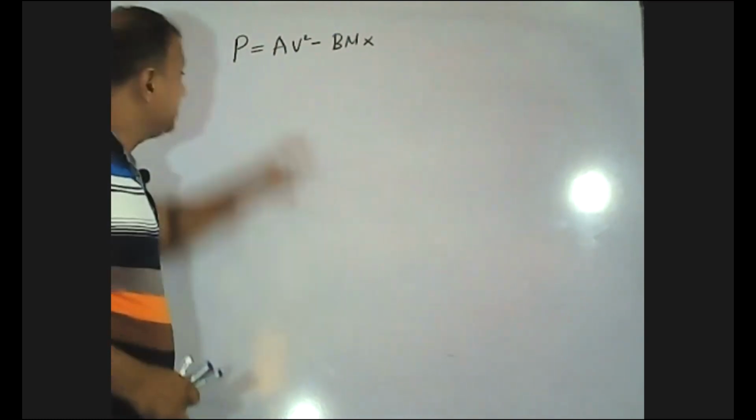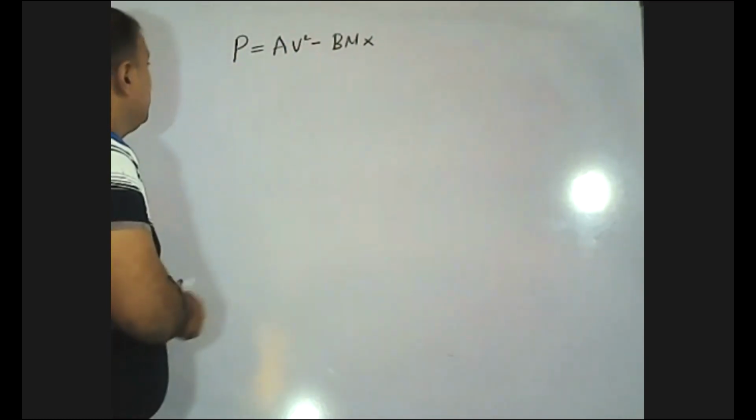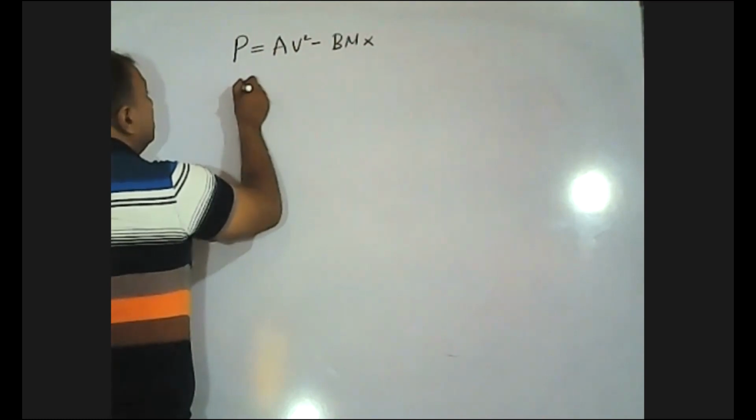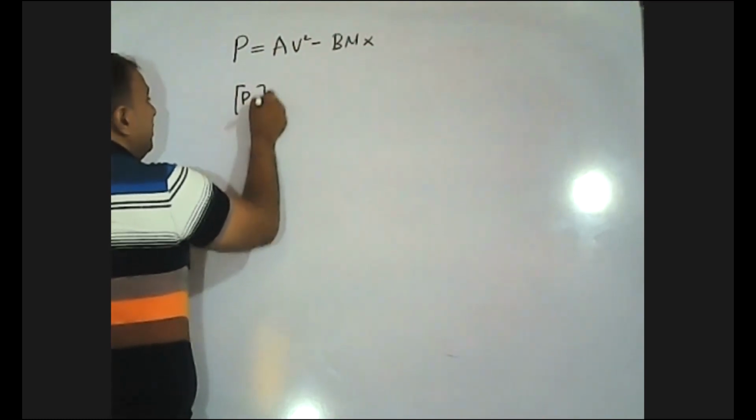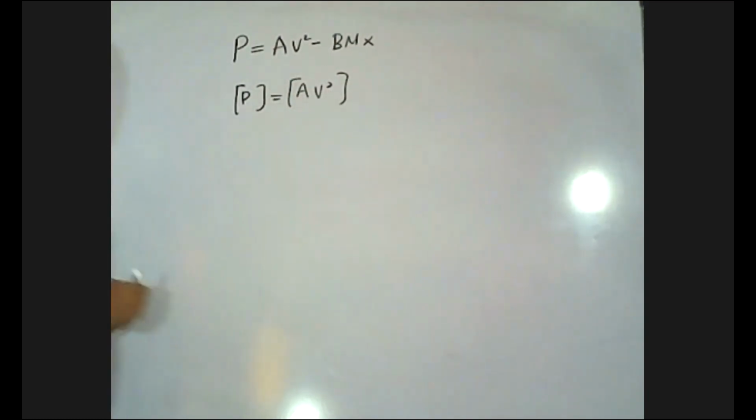According to our first factor, each and every term in an equation should have the same dimension. According to that, I can write the dimension of P should be equal to the dimension of AV square. Work done, amount of work done. Therefore, P is the amount of work done.